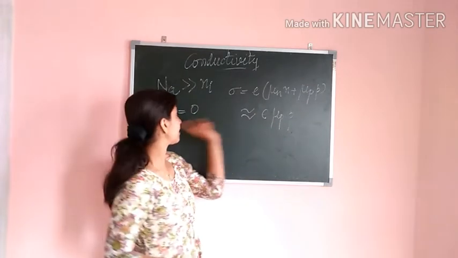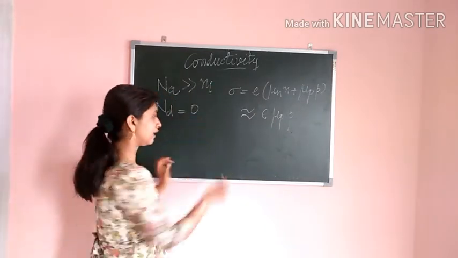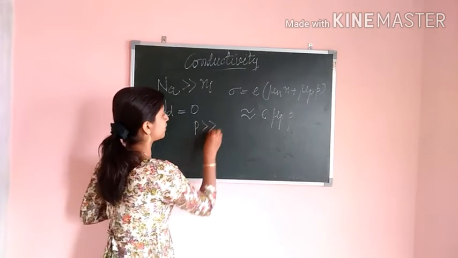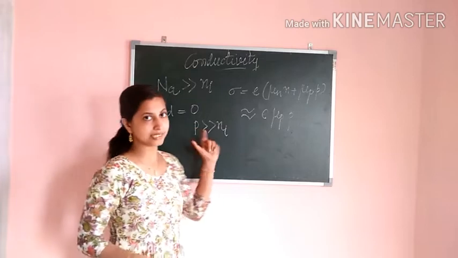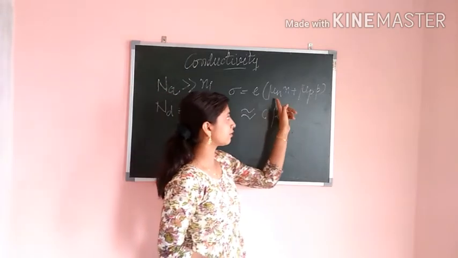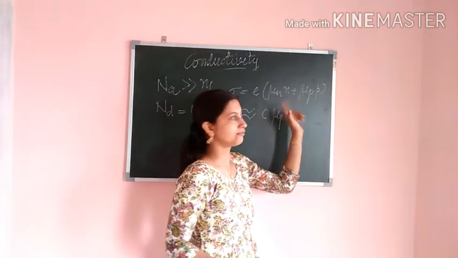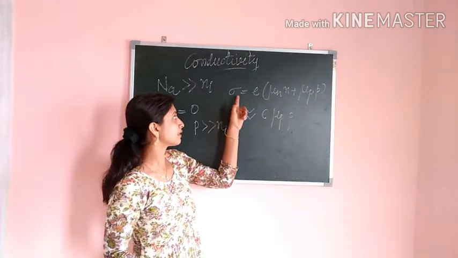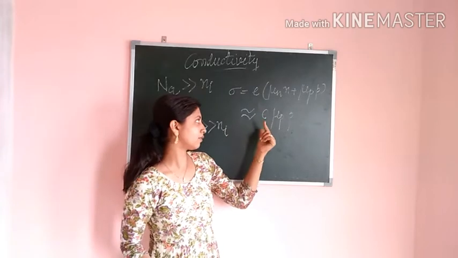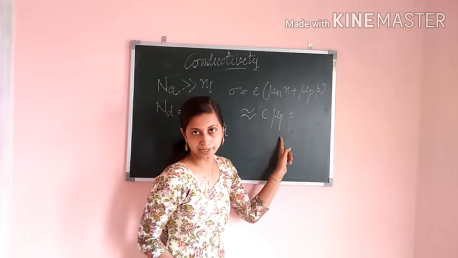Since Na is very large, p will also be very much greater than the intrinsic electron concentration. So we can eliminate the effect of electrons, the minority carriers, in the semiconductor. So σ ≈ eμp p.